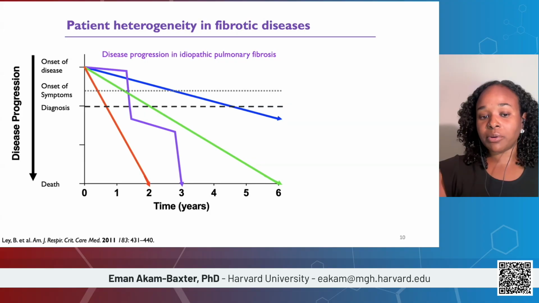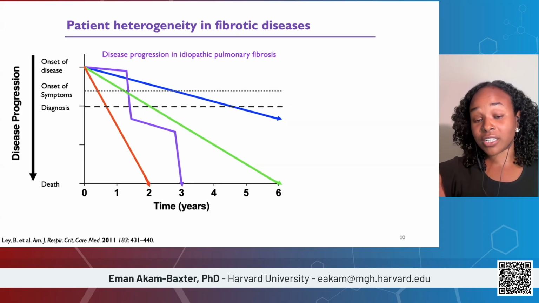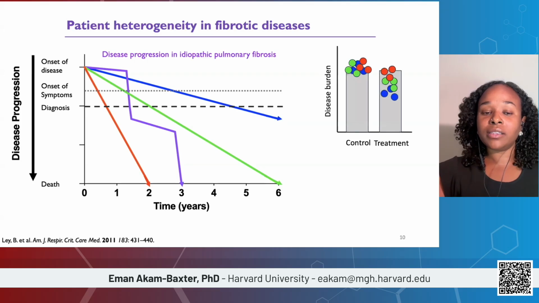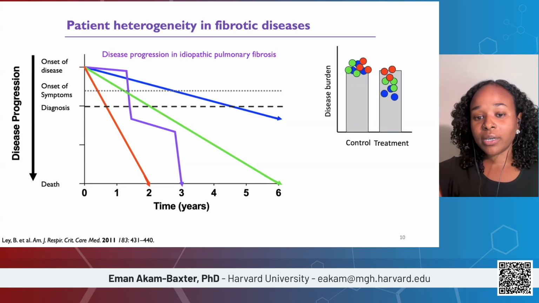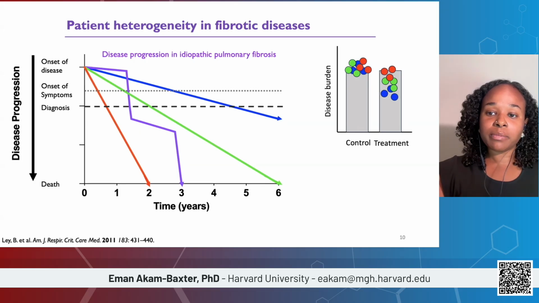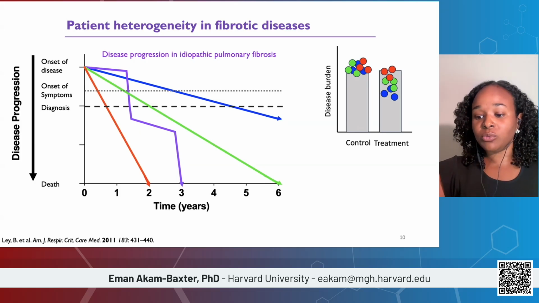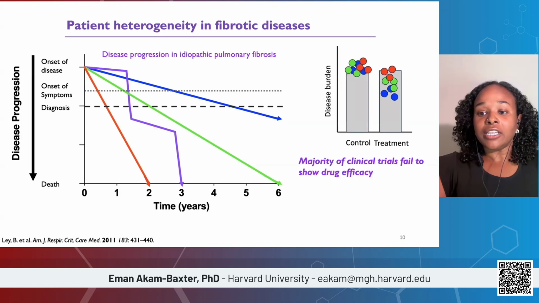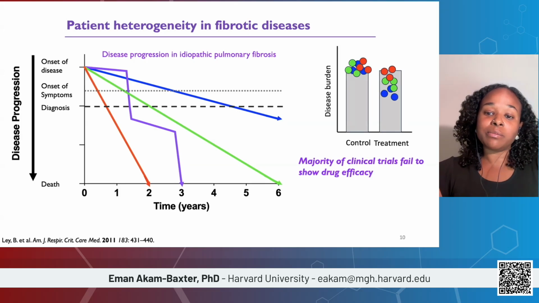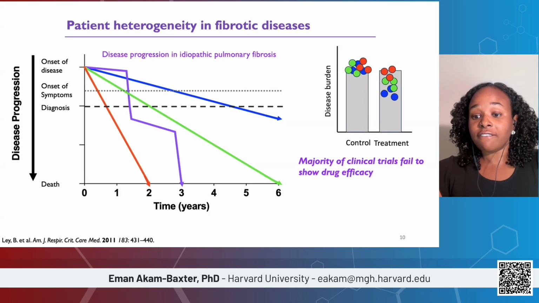So you have some patients that progress very rapidly, some patients that progress very slowly, or anywhere in between. And the problem is that we have no way to distinguish between these patients. And when they're enrolled in clinical trials for treatment, they're all lumped together. So that ends up diluting any effect that you would see with treatment. And so what happens as a result is that the majority of clinical trials fail to show drug efficacy.